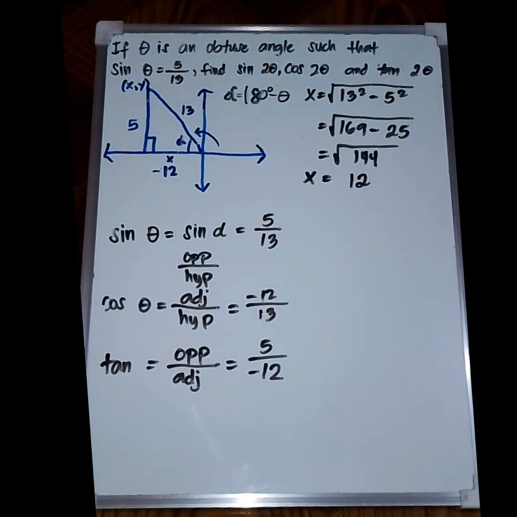We still need to take note of the signs. Since y is in the second quadrant, it is positive 5.